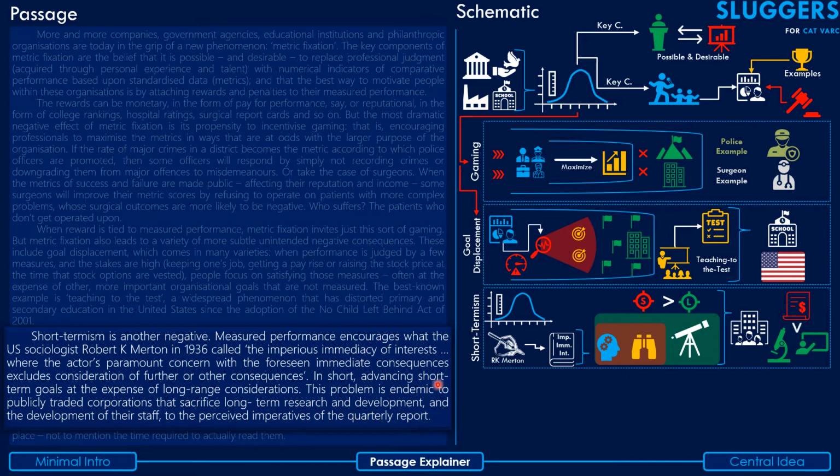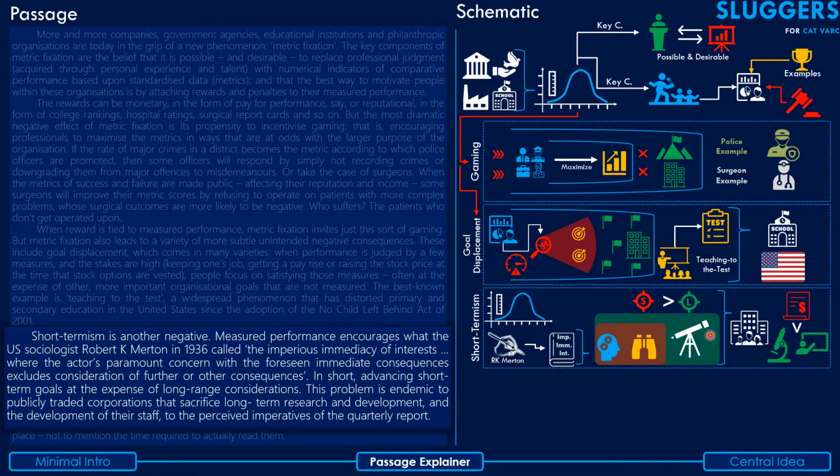Okay, so guys, in the fourth paragraph he has basically elaborated on the third disadvantage of metric fixation, which is that when metric fixation is brought into the picture, professionals often start focusing more on the short-term goals than on the long-term goals, right? They basically lose sight of the long-term goals, because they are more concerned with what might happen in the immediate future, right?